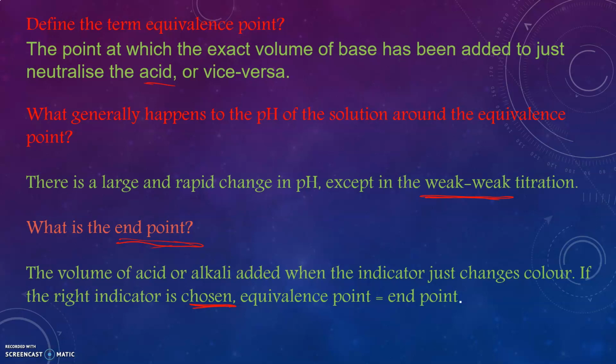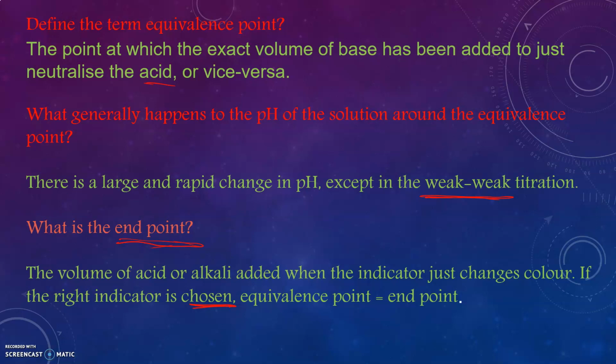We have weak acids with weak bases, and this one we cannot determine. We have weak acids and strong bases, weak bases and strong acid and base. So for each of these reactions, you have to choose the right indicator. And the right indicator at the end point actually changes its color.